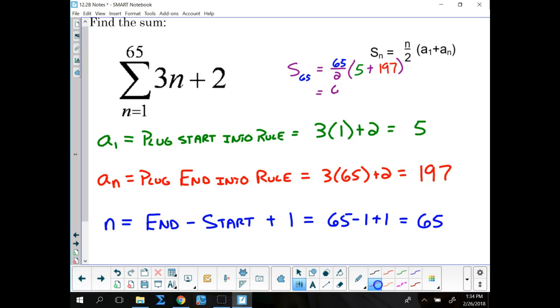So that is 65 divided by 2 times 202, which is 65 times 101, which is 6,565. As my sum. Okay?